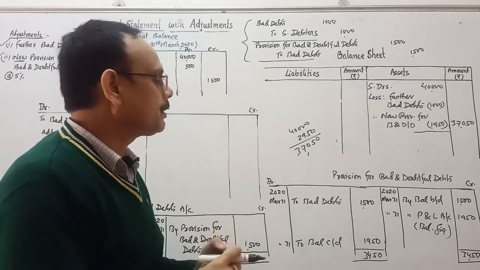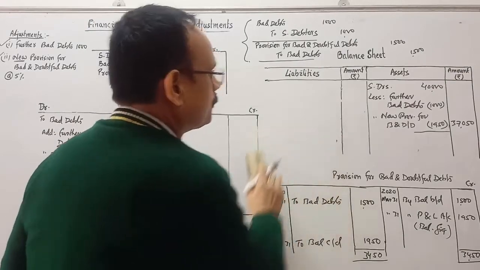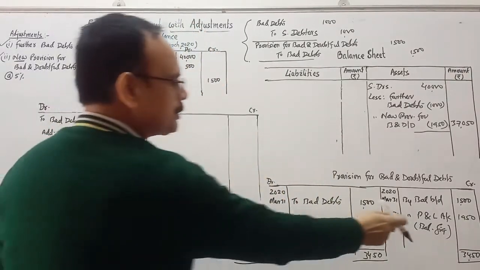New provision for doubtful debts. Is it clear? So the entry for this will be what?